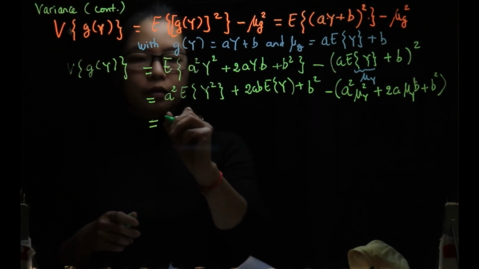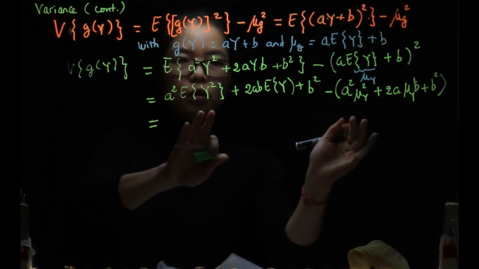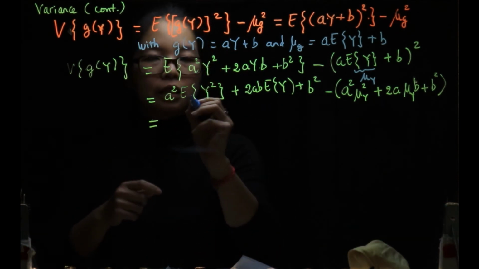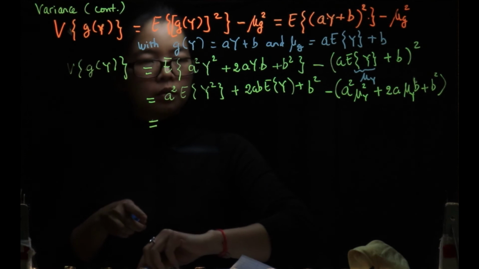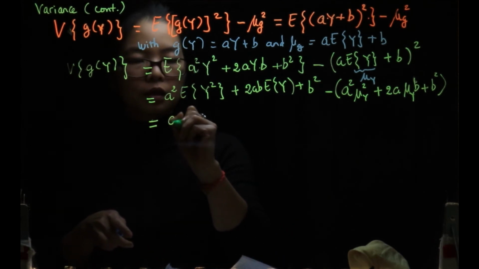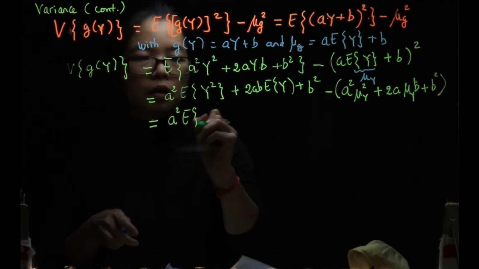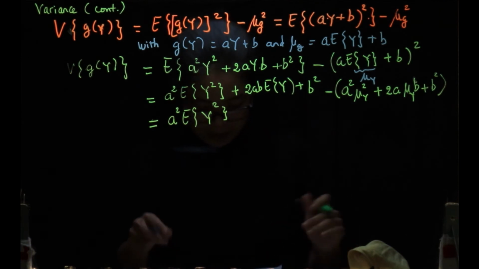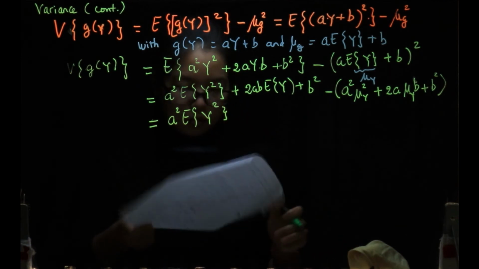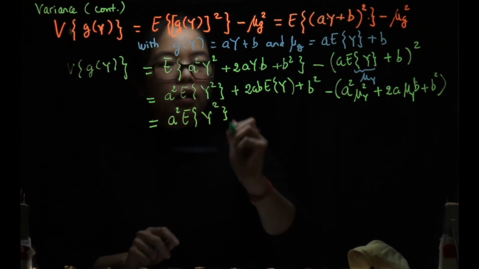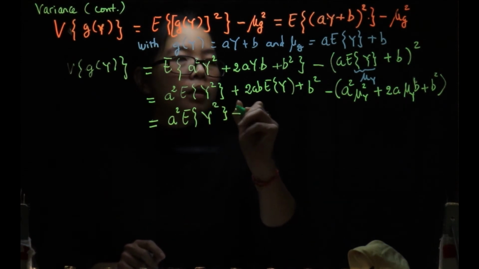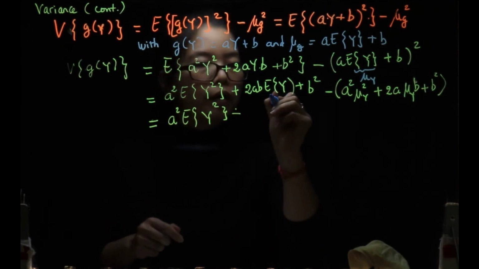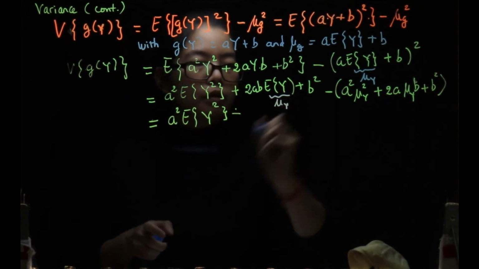So now here, let's spend a moment on it. You have a square times the expectation of y square. Let's rewrite it. And then we would have plus 2ab times the expectation of y, here we could write mu y already.